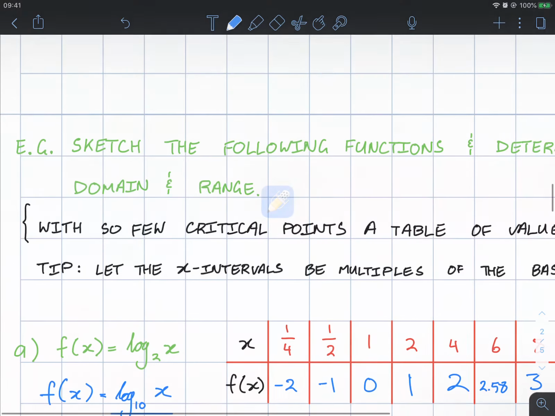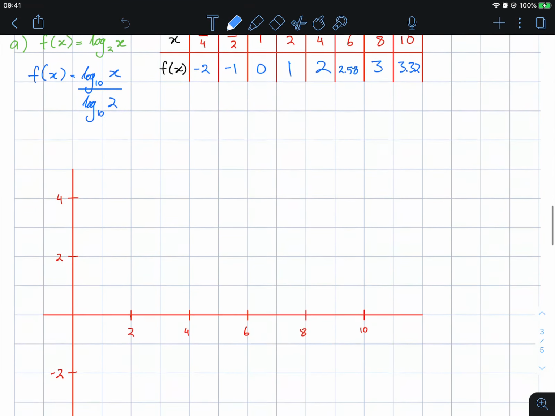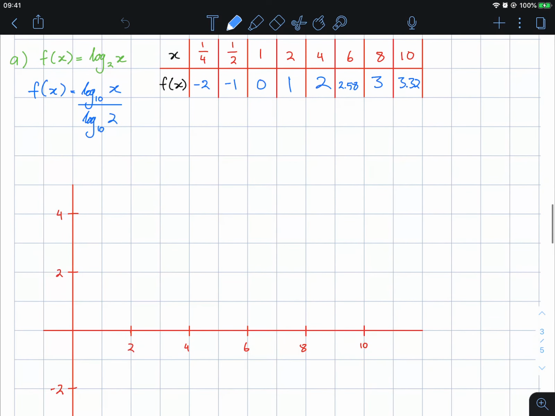Okay, so this is enough for me to be able to graph my function, or at least sketch my function, sorry. So let's input these points. x is 1, f of x is equal to 0, so the y value is at 0. So my first point is here. 2, 1. 4, 2. 6, 2.58.